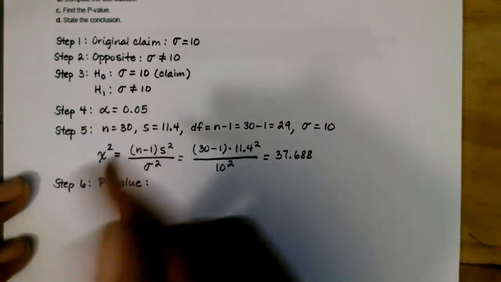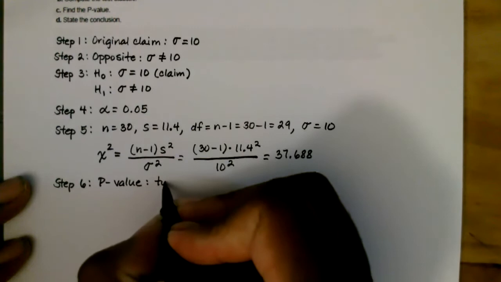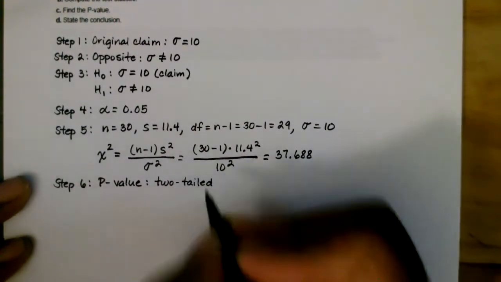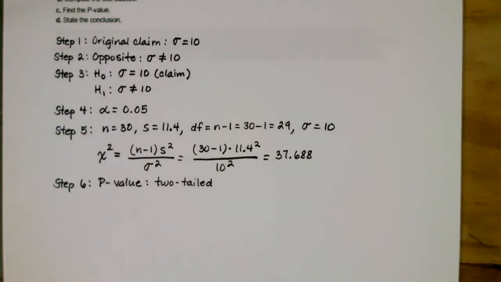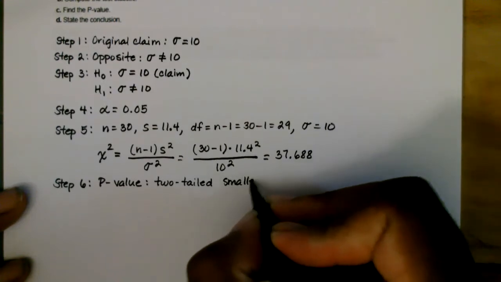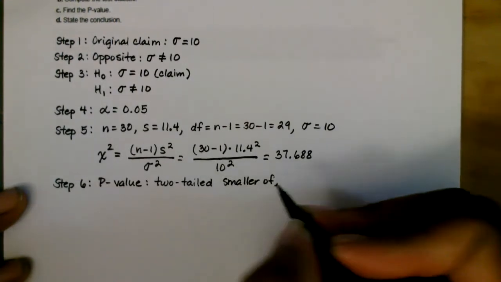For not equal to, it is a two-tailed test. Now, if it was less than, then it's a left-tailed test, or if it's greater than, it's going to be a right-tailed test. Okay? Since it's a two-tailed test, we have to take the smaller of these two.